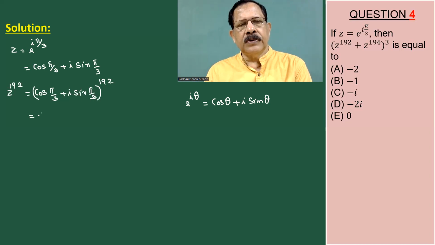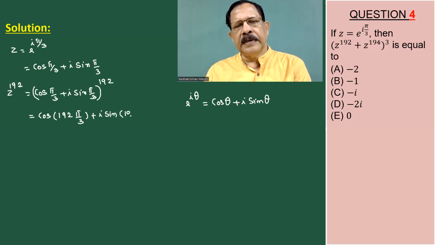It is equal to cos 192 pi by 3 plus i sin 192 pi by 3. What is cos 192 pi by 3?